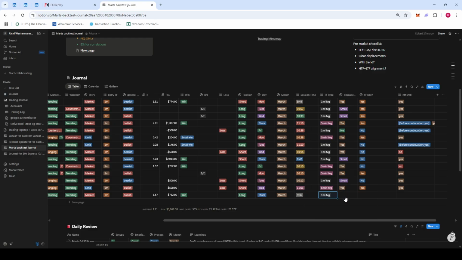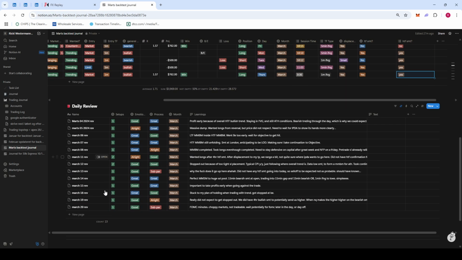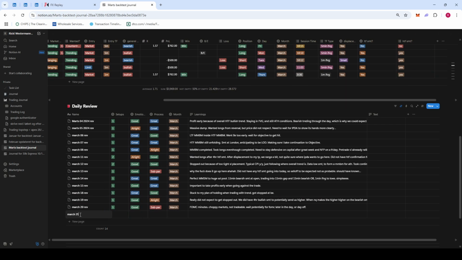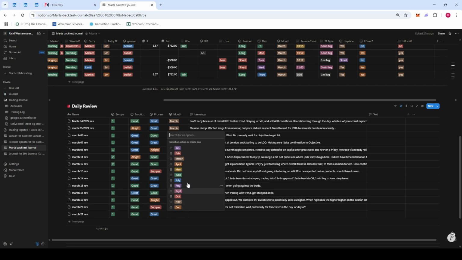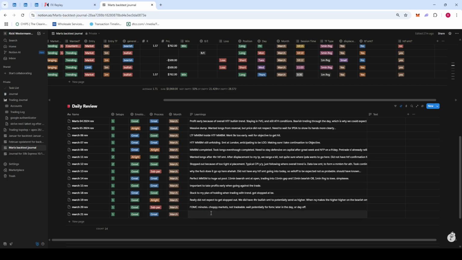1 minute displacement, absolutely. Low time frame, yes sir. High time frame, yes sir. March with one ref. Setup, one motions. Good. Very, very nice process here. All-time high conditions. 15-minute SMT.